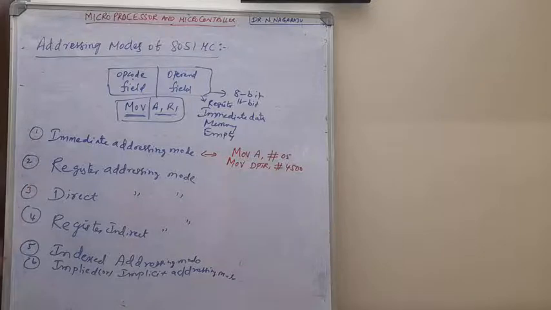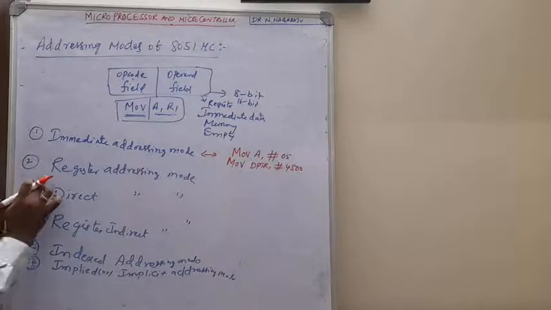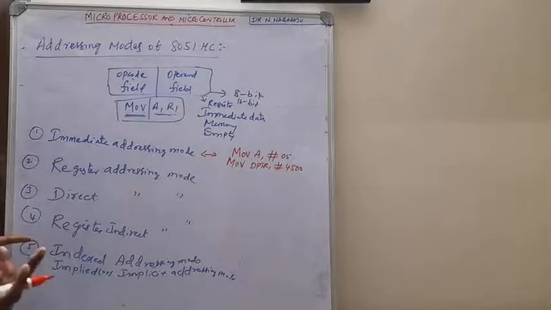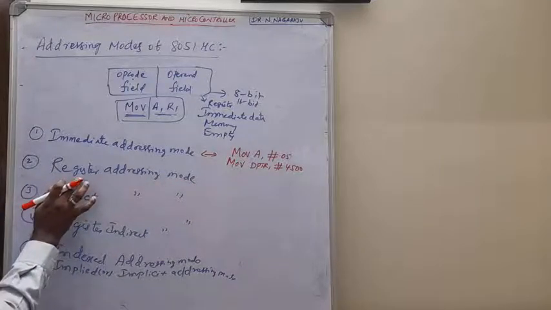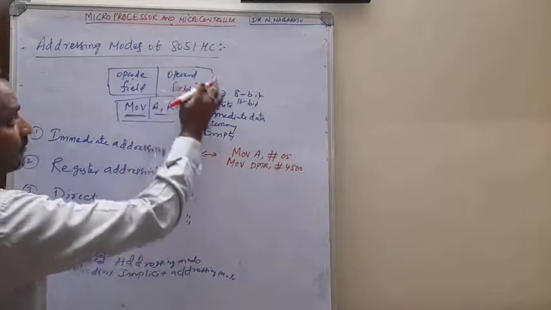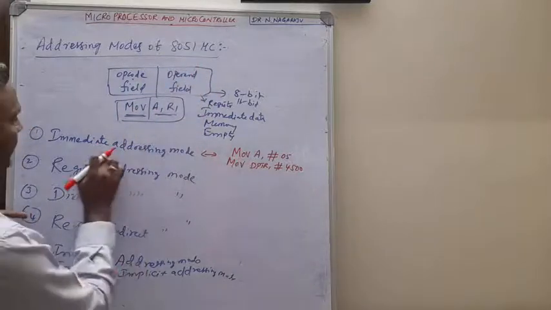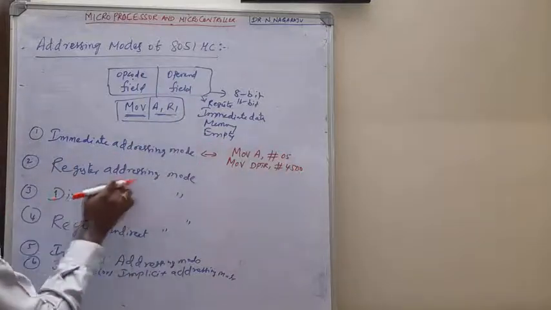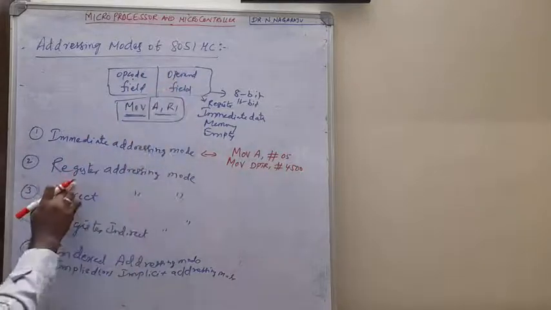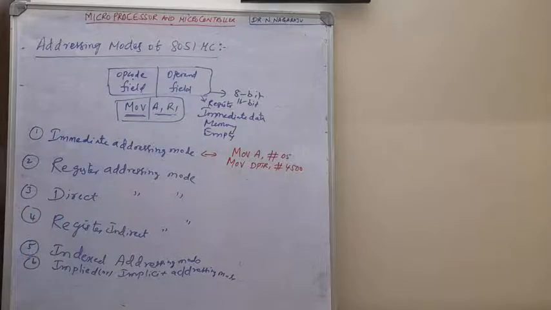Now let us see the register addressing mode. From the name itself, half of the answer is there. Register addressing mode indicates the operand must be a register. Immediate addressing mode means the operand is immediate data; register addressing mode means the operand is a register. Now I am going to give the example.